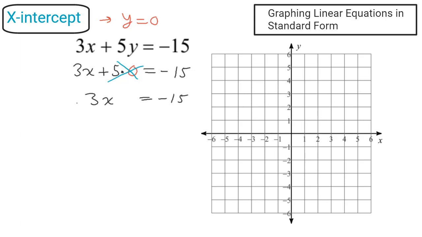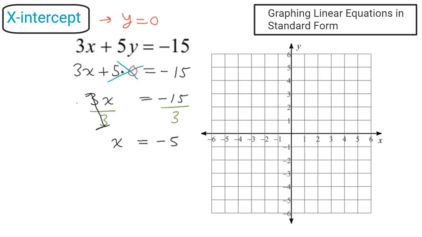So in order to solve for x, I need to go ahead and divide the left and the right side by positive 3. Multiplying and dividing by the same number simplifies to 1, so I get x. This will be equal to negative 15 divided by positive 3.